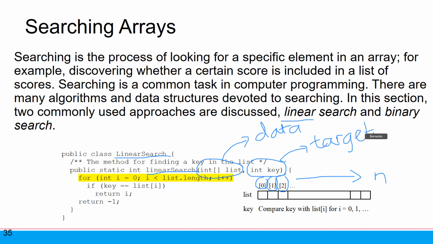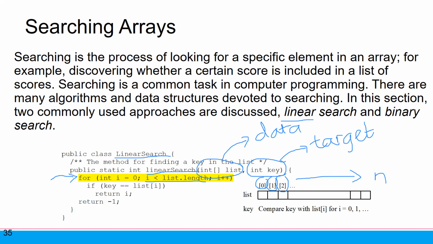Okay, and for this you can do a loop. A for loop from 0 until the length. What is the length? The length of the data. So if you have 10 data, then it will go from 0 until 10.